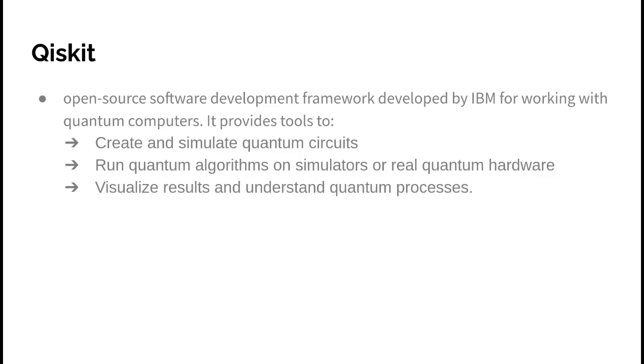The algorithm I'll be demonstrating is Grover's algorithm, which is best used for unstructured search. With Qiskit, you can also visualize the results and understand quantum processes. So let's get started with the demo.